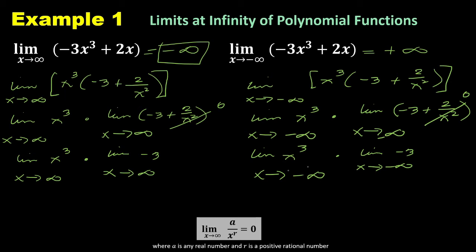So if we try to substitute negative infinity to x cubed, then we would be having a very large number, which is a negative number. So negative infinity times negative infinity times negative infinity. And then, if we multiply it to a negative constant, then it would be positive infinity.